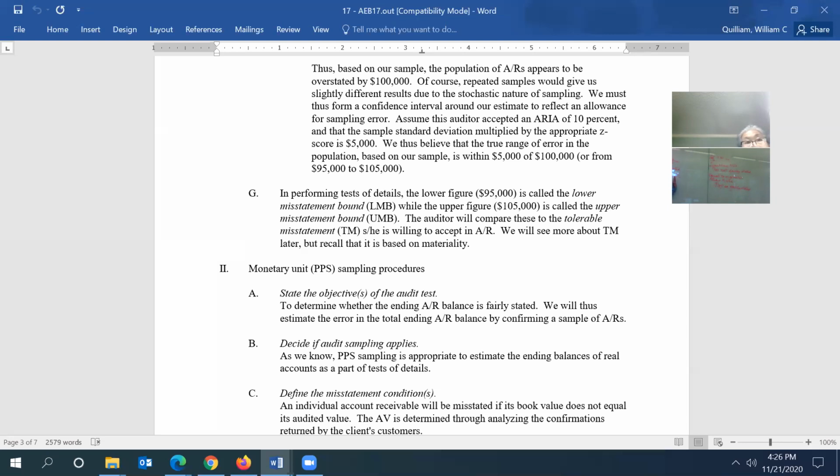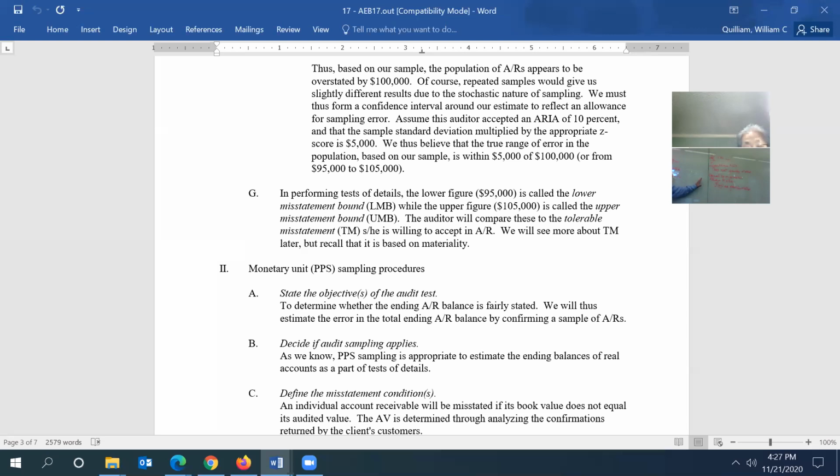Well, if tolerable misstatement is 105,000 or greater, this amount is less than or equal to what we're willing to accept by way of error. So there's only $105,000 of misstatement in the population, or I should say a high of 105,000, a possible high.